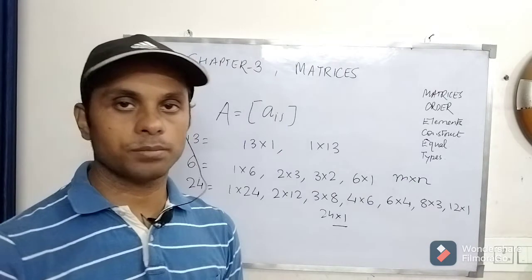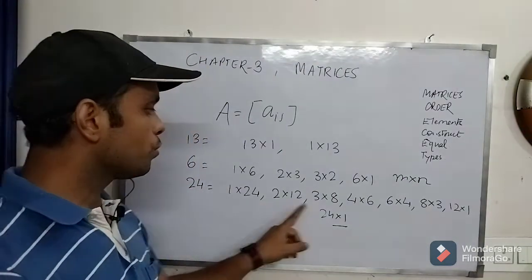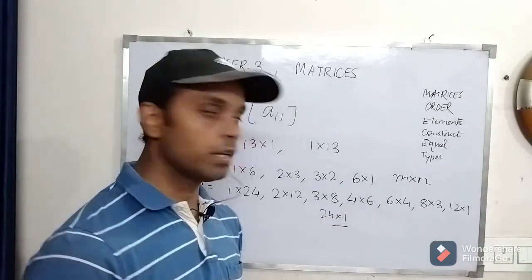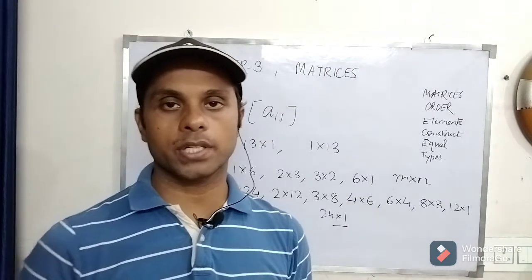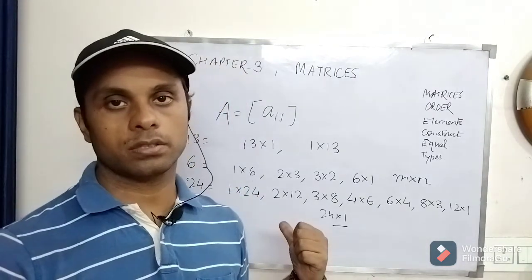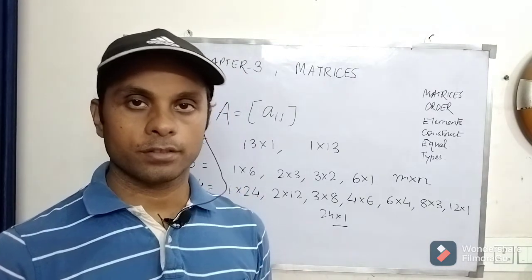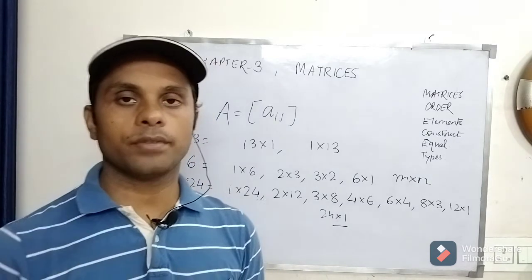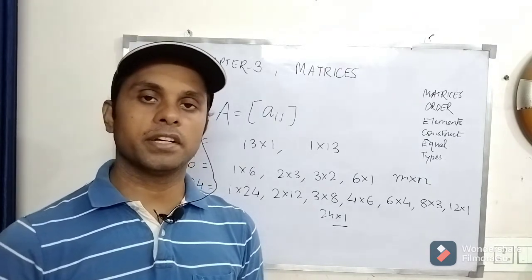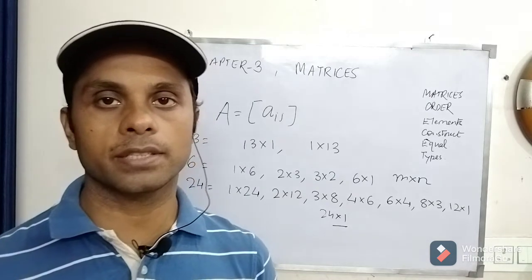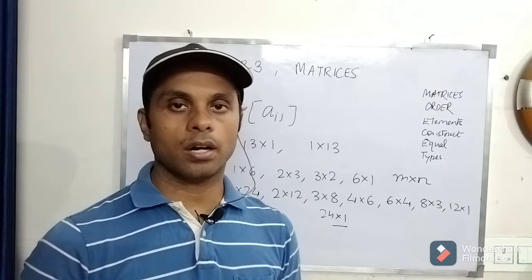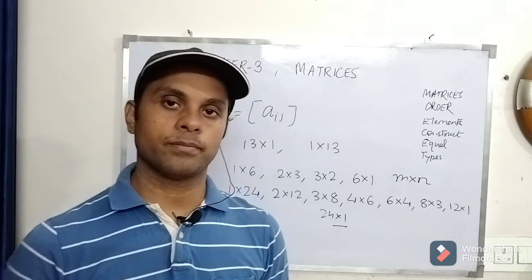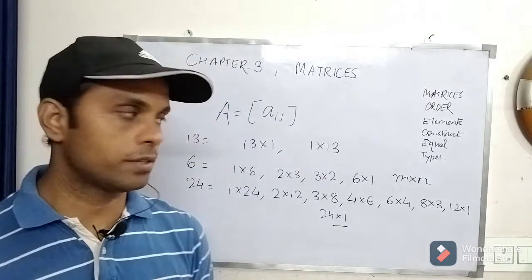So 1, 2, 3, 4, 5, 6, 7, 8. We can form 8 matrices of these orders. So this way, if the total number of elements is given, then we can decide all the possible orders of different matrices. Okay, I hope you got it.